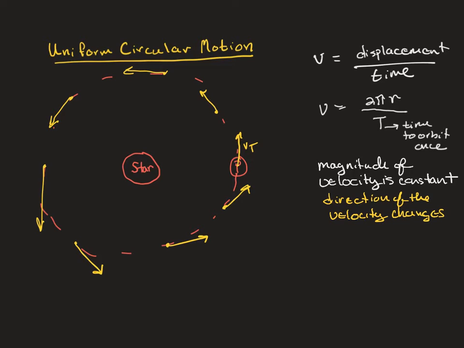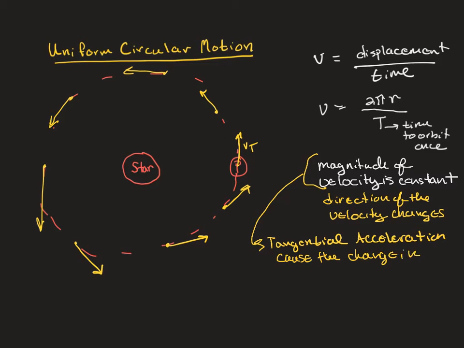So that means we still have an acceleration, because we have a change in velocity. It's just a change in direction rather than a change in the size of the velocity. And we're going to use two different vocabulary words to discuss those two different types of acceleration. So we're going to have tangential acceleration, and the tangential acceleration is going to cause the change in magnitude of the velocity.